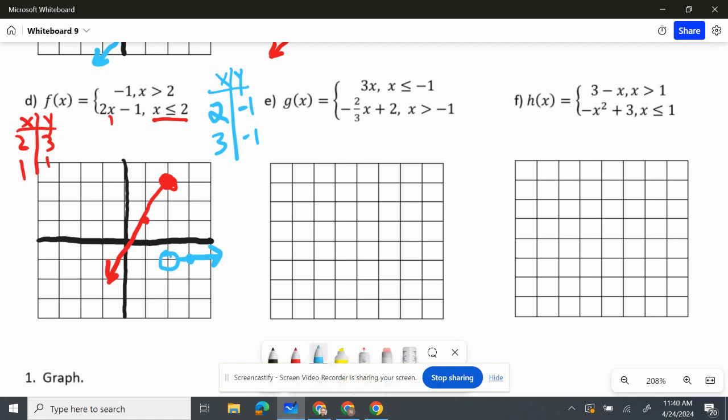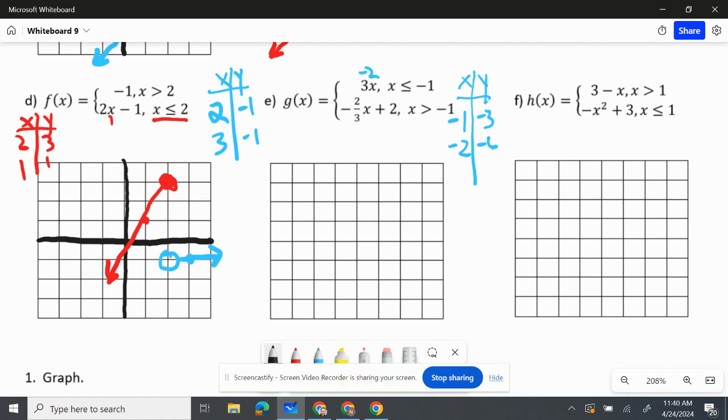So looking at the next one, what we have is starting at negative 1, because that's where our domain starts. If I plug in a negative 1, I get a negative 3. Then I'm going to pick a number less than negative 1, which is negative 2. When I plug in a negative 2, that's negative 6.